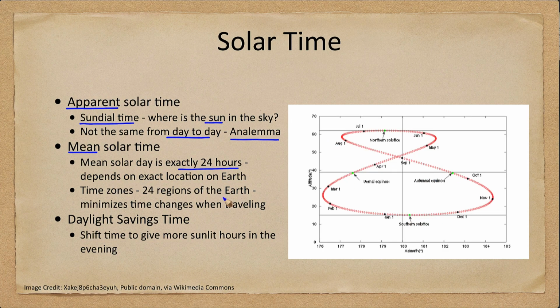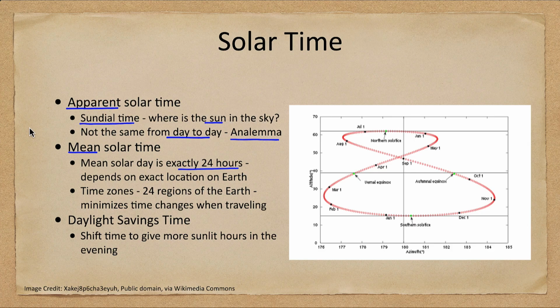And that varies based on the tilt of the Earth's axis and the eccentricity of the orbit. So those two will cause this to spread out. If there was no tilt and the orbit was perfectly circular, it would be just a point; the sun would always be at the same place.